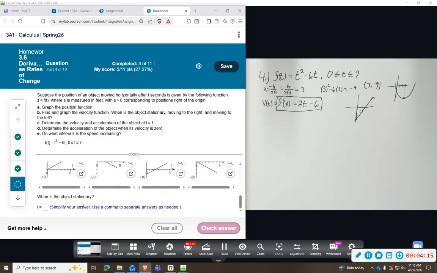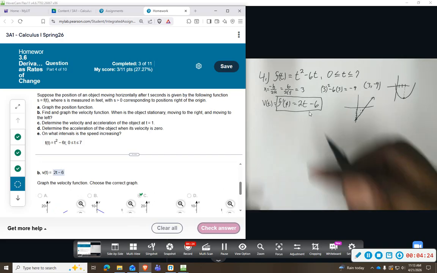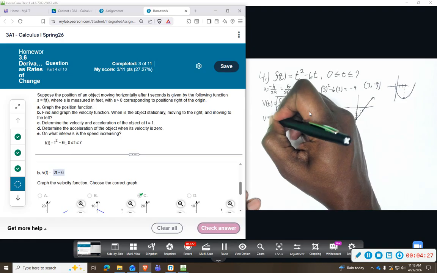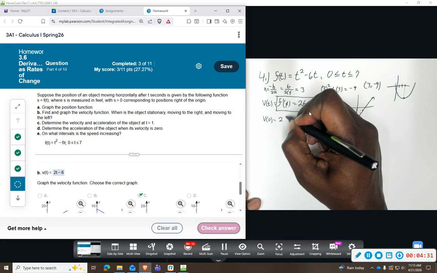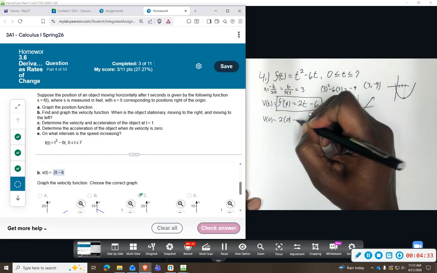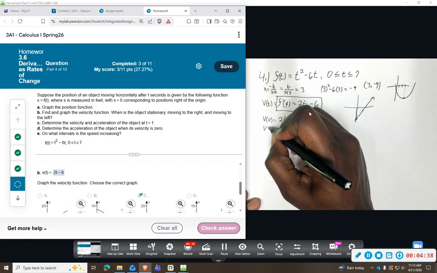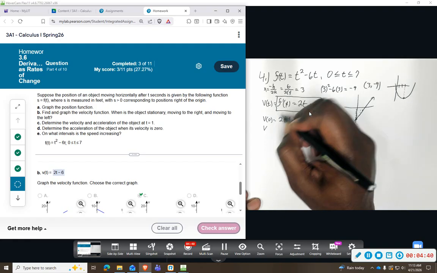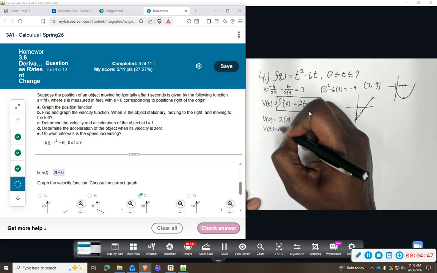When is the object stationary? Well, you set the velocity equal to 0. That's when we come to a stopping point. So when is the velocity 0? I want to set v of t equal to 0.